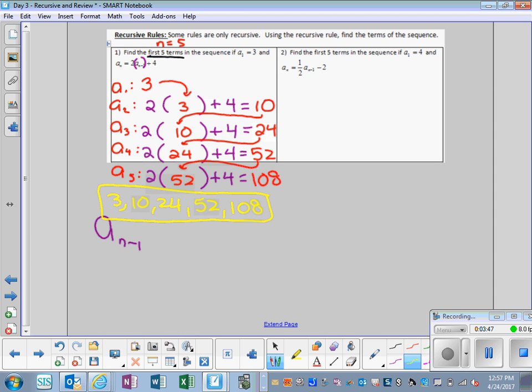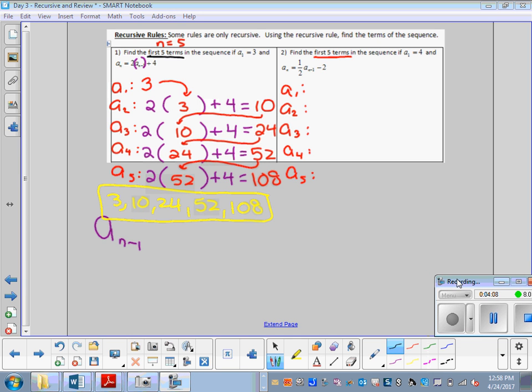All right, let's do number 2. For number 2, they want you to find the first 5 terms. So a sub 1, 2, 3, 4, and 5. The first number is 4.